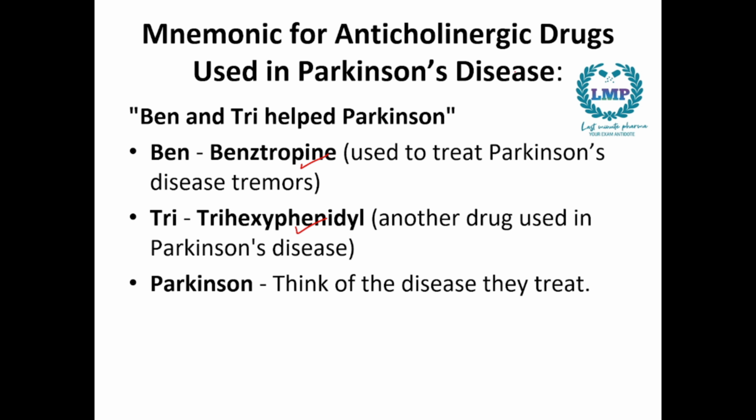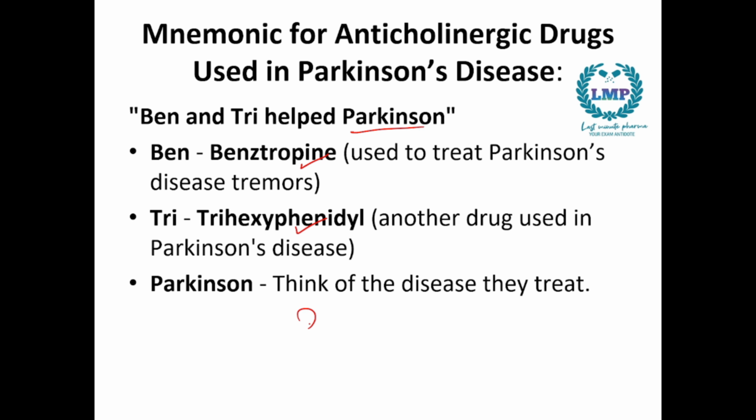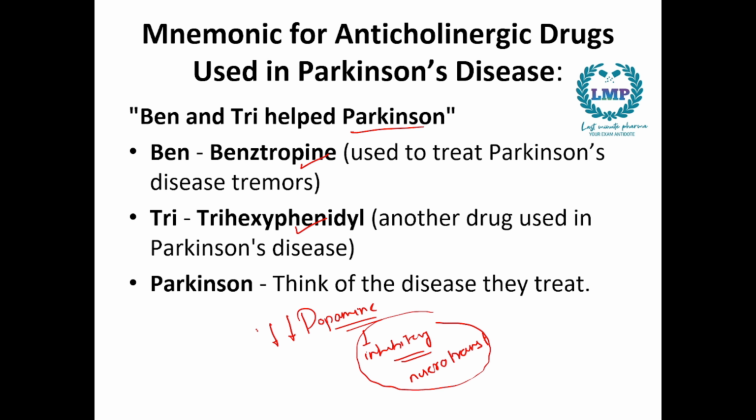Parkinsonism is when the dopaminergic system is not working. Try to understand it very briefly here. Dopamine is an inhibitory neurotransmitter. But the dopaminergic system doesn't work efficiently, which leads to a decrease in dopamine.